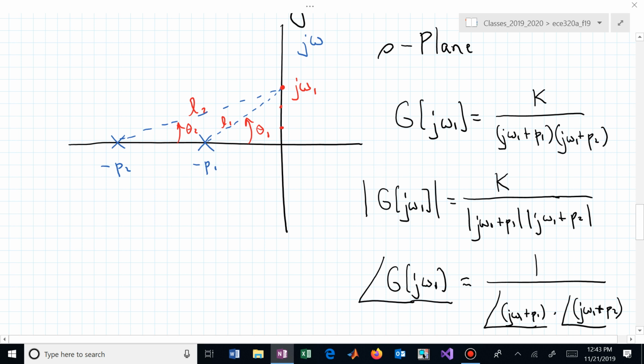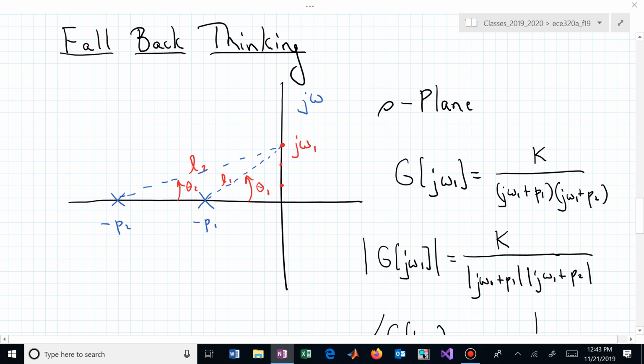This is maybe a lot of information, but we'll start to methodically step through this. But again, this is your fallback thinking. You could say, oh, I've sketched this Bode plot. I wonder if it's even close.